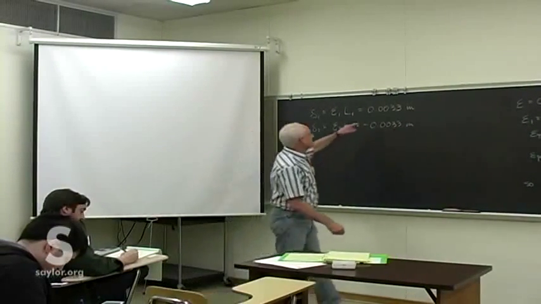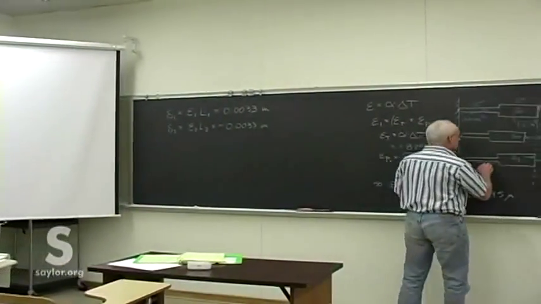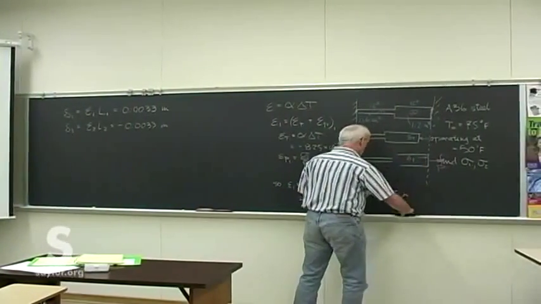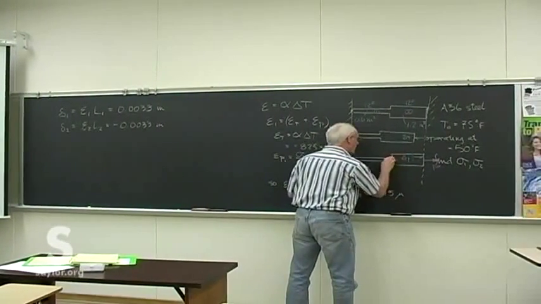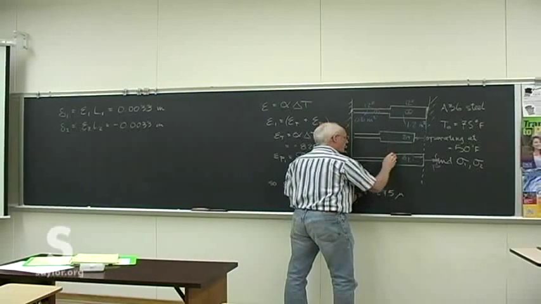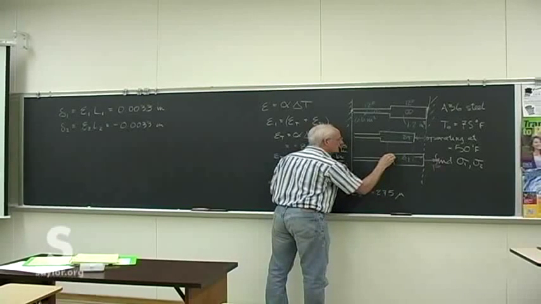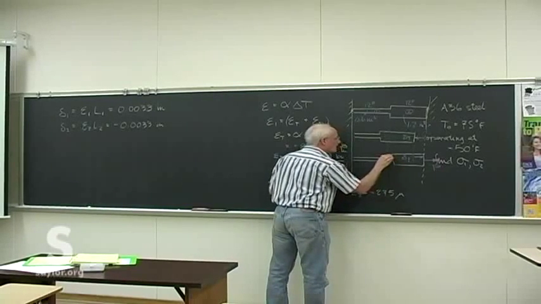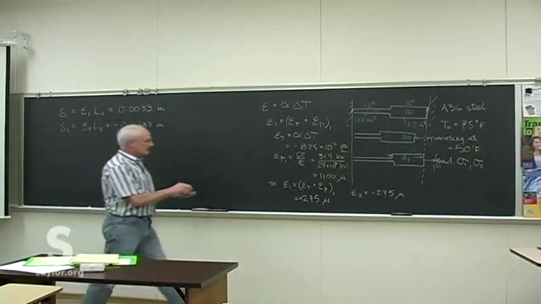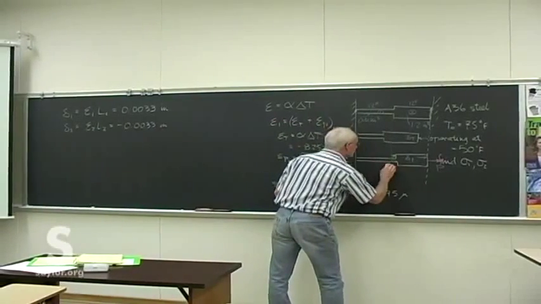However, if you look at this, it means that that midpoint actually shifted a bit to the right. So we get a little bit of a shift of that point to the right to the tune of 3.3 mils, or thousandths of an inch.